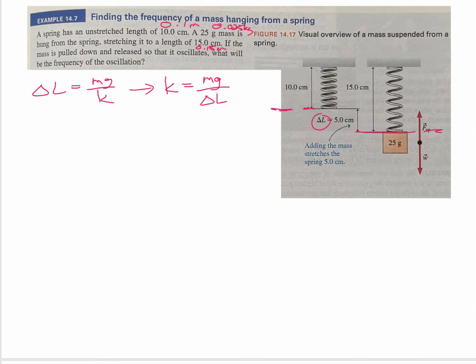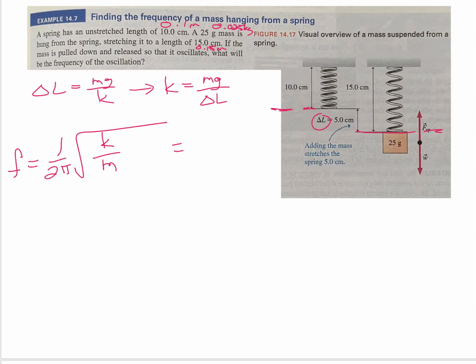Now that I know k, and I know m, and I'm supposed to calculate the frequency, what should I do? We can plug it into our frequency formula. Our frequency formula is f equals, what is it? 1 over 2 pi times the square root of k over m. But k is mg over delta L, right?